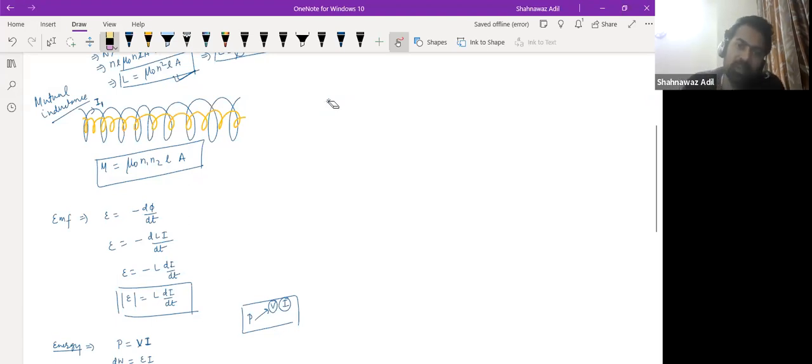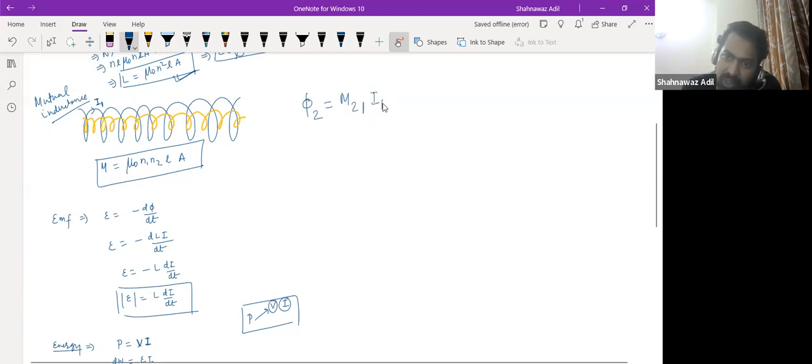We only have to remember that if we are taking the I1 current, this I1 current will generate flux in the secondary coil. Then the flux phi 2 would be proportional to M21 and I1.